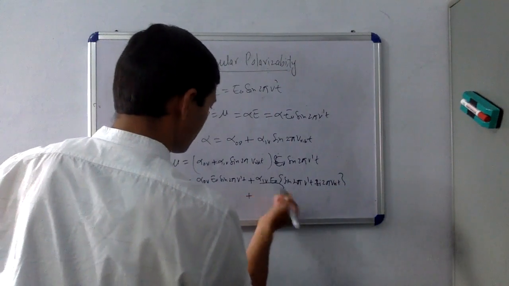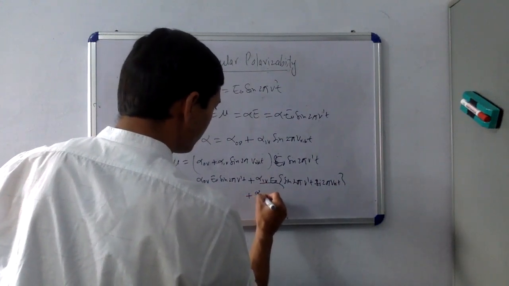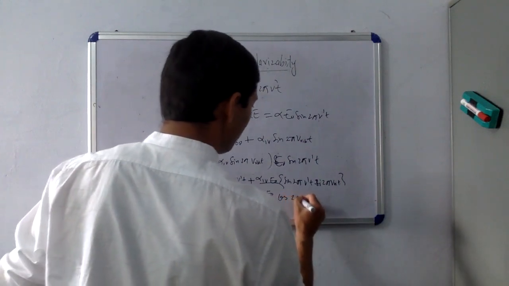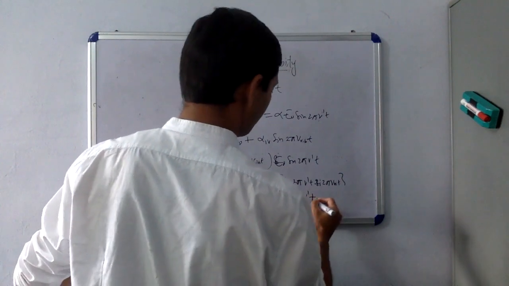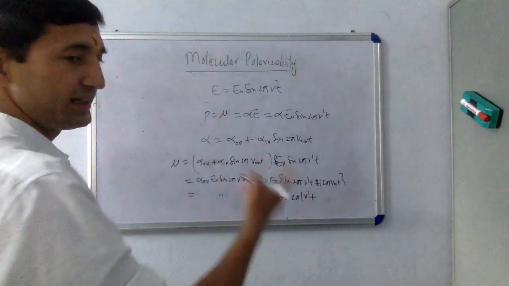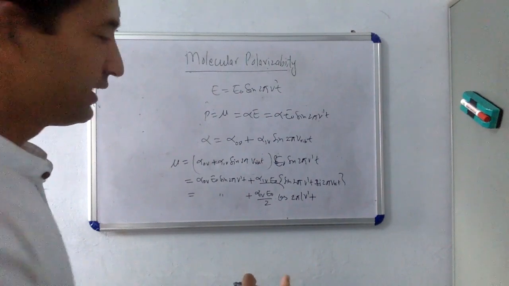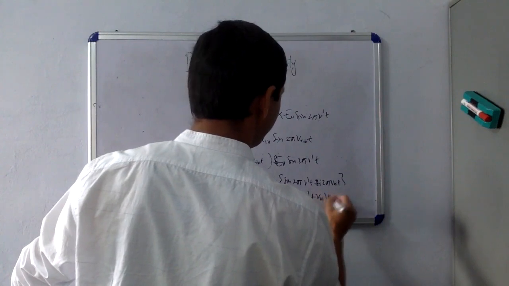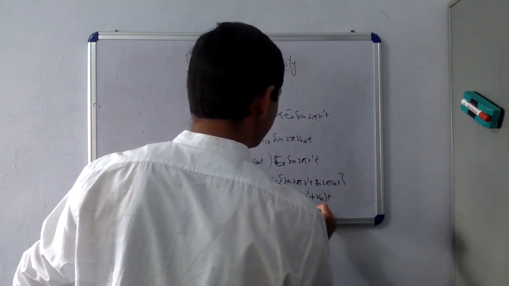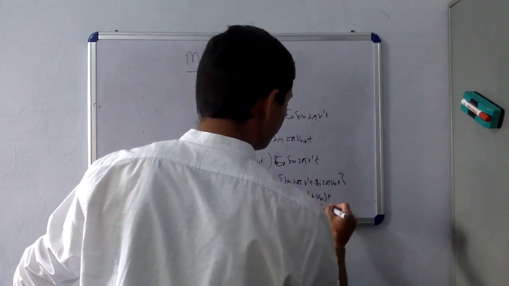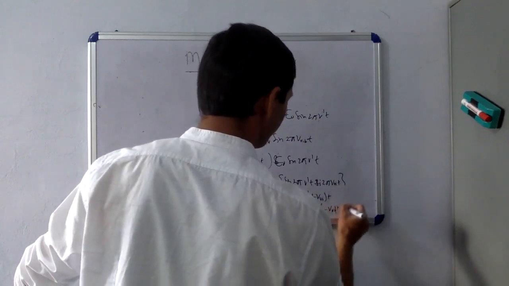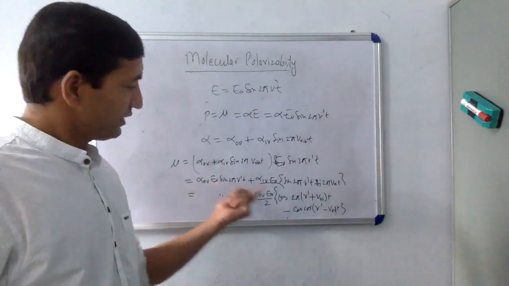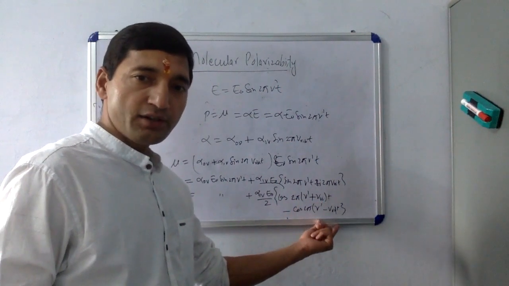This term we have already computed: it is E naught divided by 2, using sine A into sine B, cos 2 pi (nu exciting minus nu vibrational) t minus cos 2 pi (nu exciting plus nu vibrational) t. So you have the Rayleigh scattering, an anti-Stokes line, and a Stokes line.